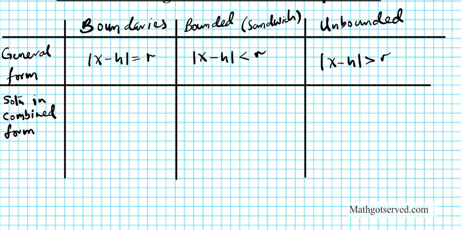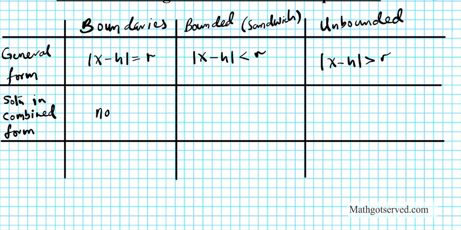It turns out that only one of these three absolute value equalities and inequalities has a solution in combined form. For the boundaries, since they're not continuous or contiguous, there's no way you can express them in combined form. So for boundaries, it's none.